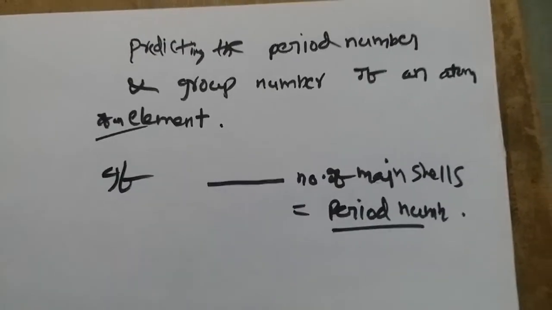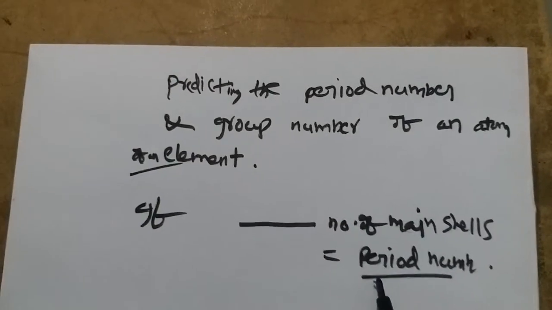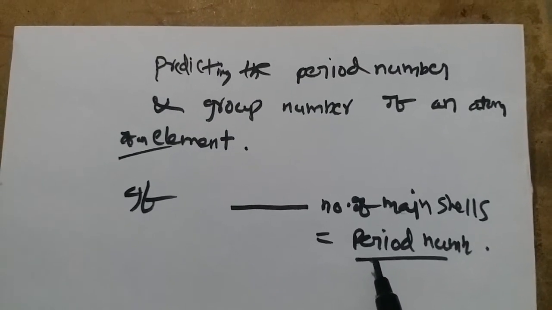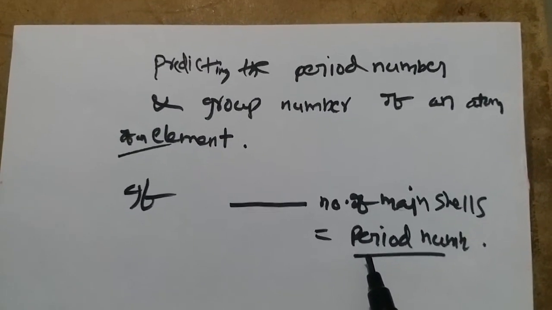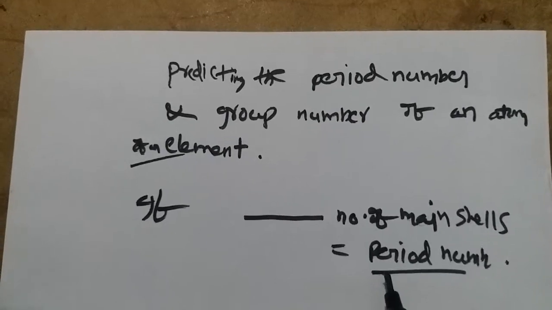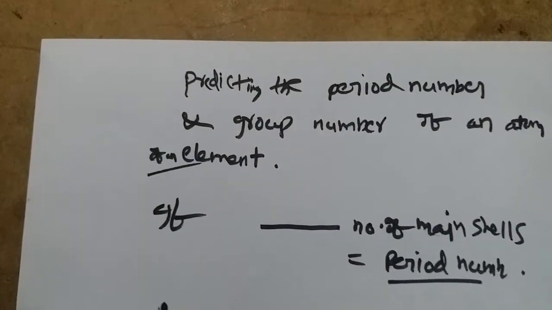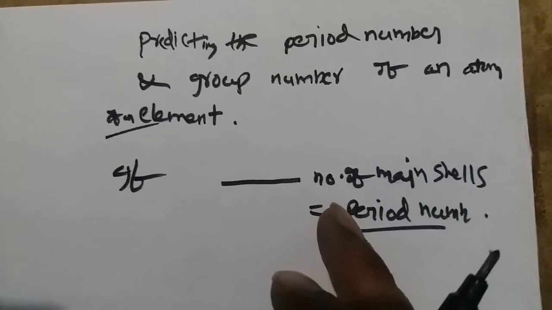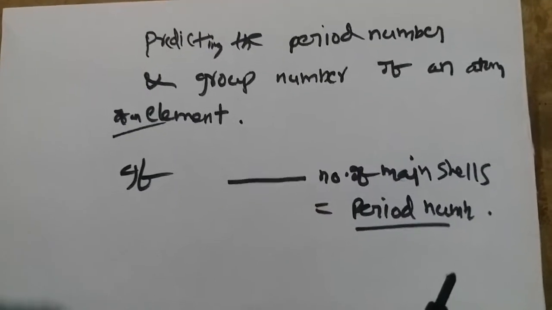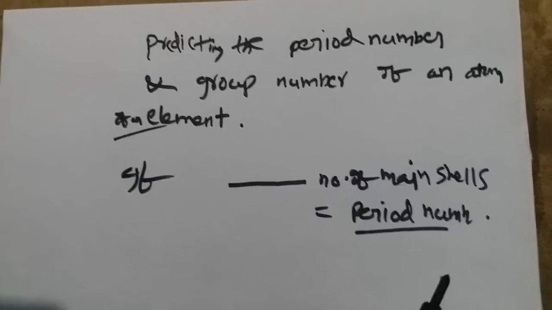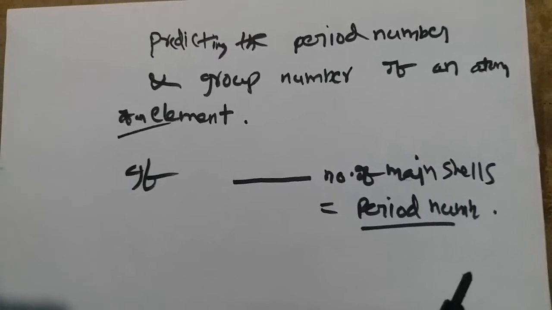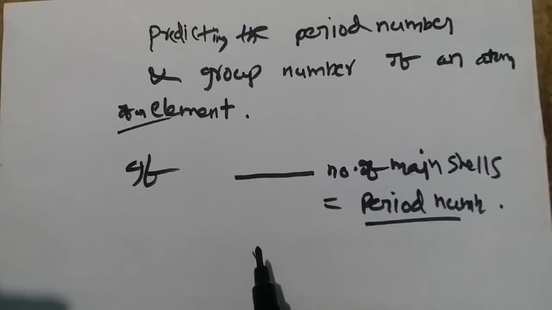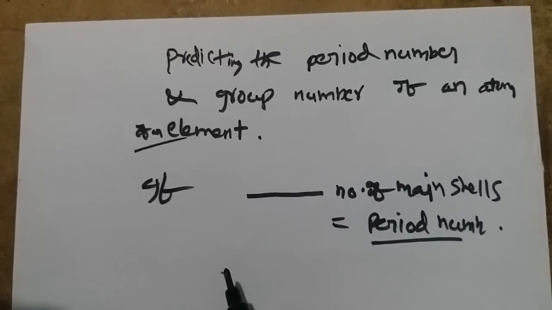We don't even need to calculate the number of main shells. If we write the electron configuration, the highest main shell number is the period number. After writing the electron configuration of an atom, we observe the highest main shell number, and that is the period number of that element.